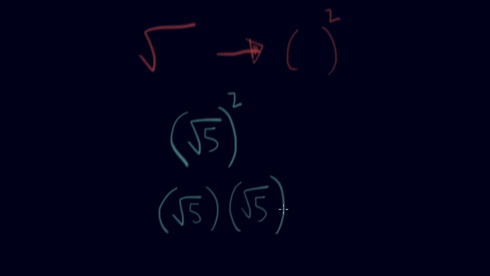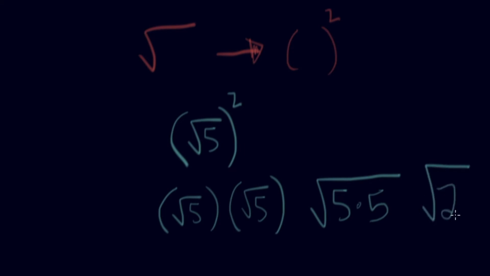If you go back to that law, remember that law that we talked about? This just means the square root of 5 times 5. Well, what's the square root of 5 times 5? The square root of 25. Well, what's the square root of 25? It's just 5.